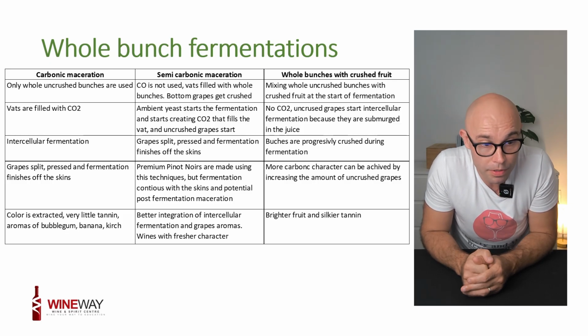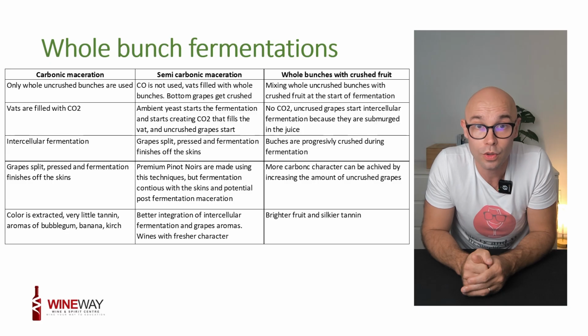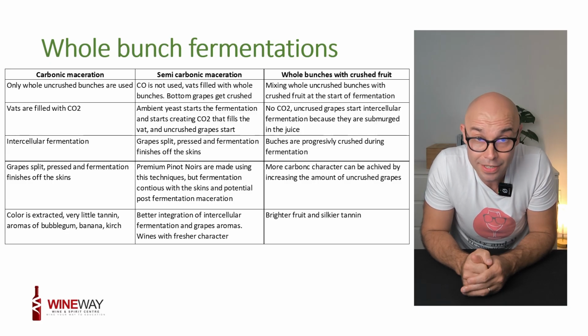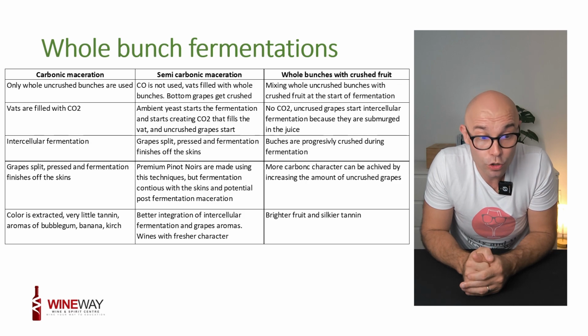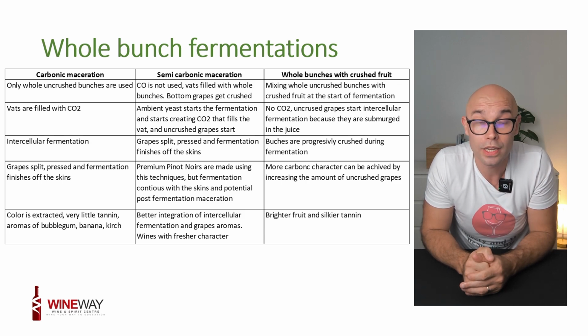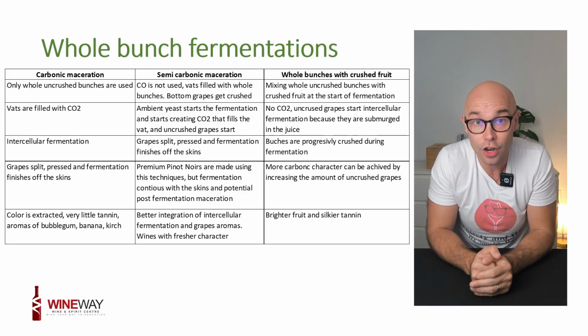Let me explain all three of them and highlight the differences between them. So, fully carbonic maceration: only whole uncrushed bunches are going to be used, which means that you need to hand harvest the grapes. Vats are going to be filled with CO2, carbon dioxide, in order to remove any oxygen.